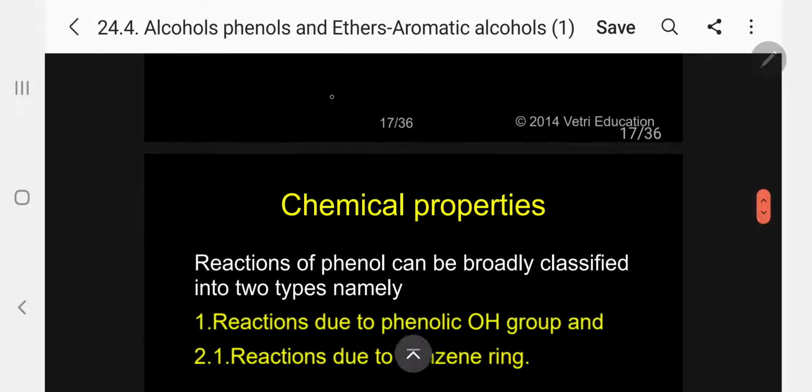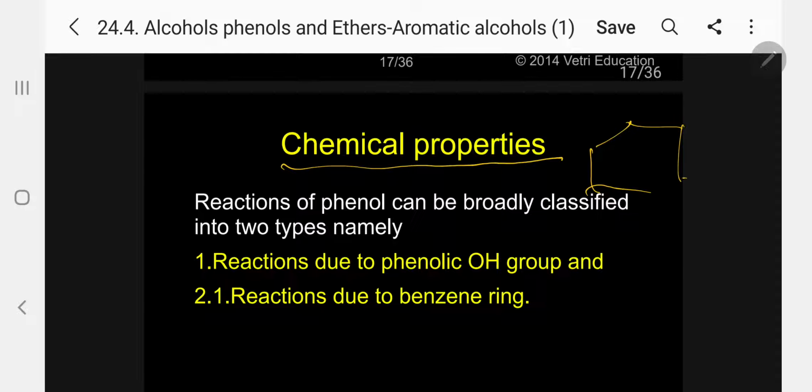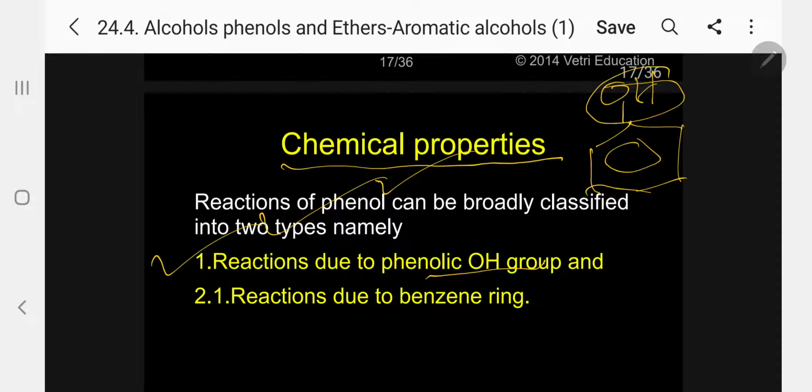Kindly follow. So let me discuss chemical properties of phenol. We know the structure of phenol: there is a benzene ring and there is an OH group. The reactions of phenol can be broadly classified into two types, namely reactions due to the phenolic OH group and reactions due to the benzene ring, the aromatic ring.